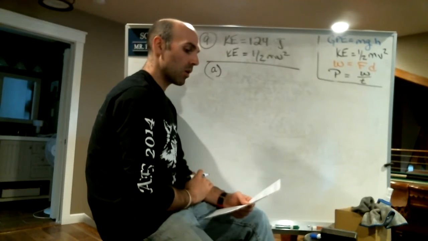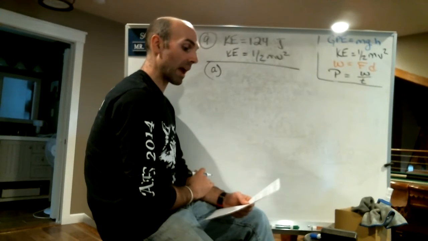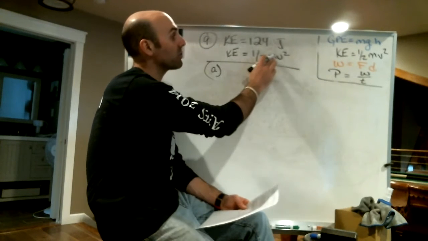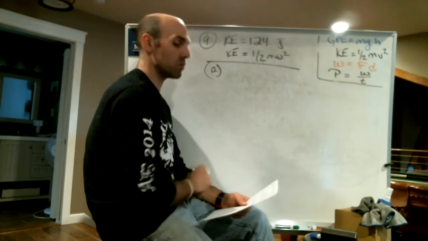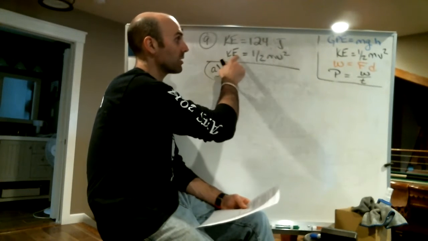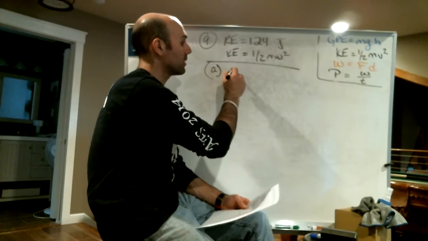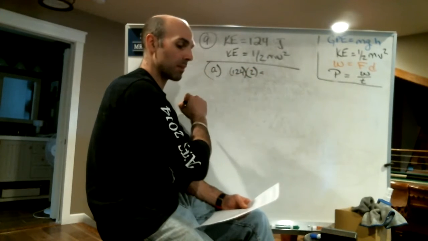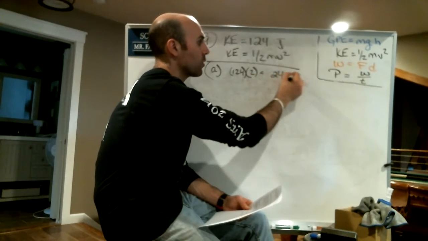Part A, what happens if the bicycle had twice the mass and the same speed? So the mass was doubled. If we double the mass, we double the kinetic energy. So we're just going to multiply it by 2 and it becomes 248.